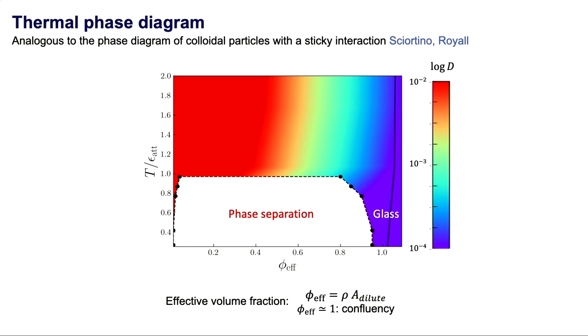On this axis we have the density, but I'm plotting it in terms of the so-called effective volume fraction, which is the volume fraction the system would have assuming that the size of the particle does not change, remaining the one in a dilute condition. The actual volume fraction is bounded by 1, you cannot go above 1, but this one can go above 1, and 1 is essentially what you expect at confluence.